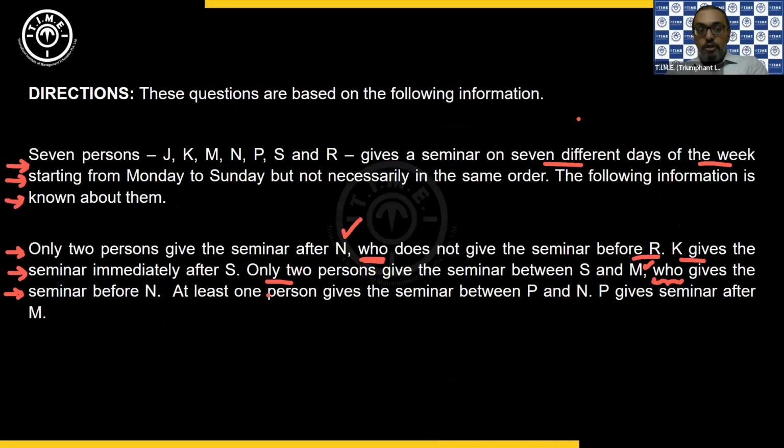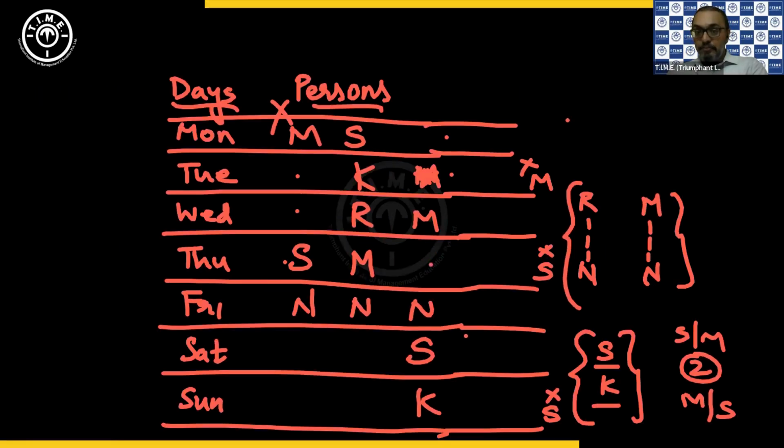And then we have at least 1 person gives a seminar between P and N. So between P and N, at least 1 person. Then P definitely has to occupy Sunday. In the second case, at least 1, so minimum 1 person between P and N. We'll come back to that.